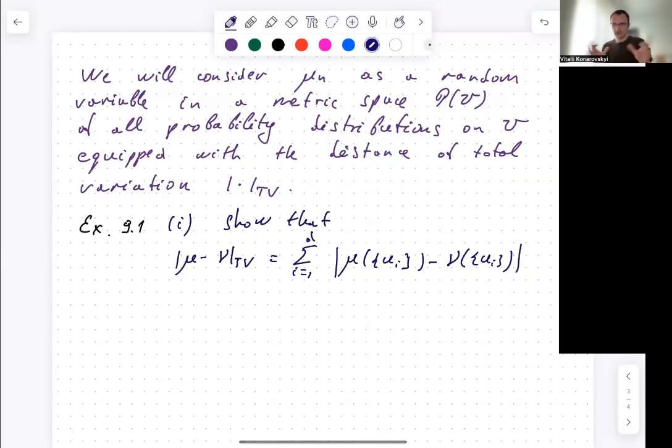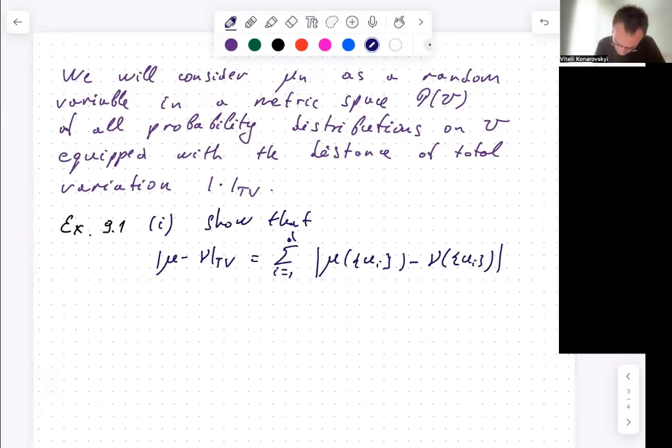Actually, you need to consider the vector of masses of every element of U, and then compute the L1 distance between them. It is exactly what the total variation distance is in this case.